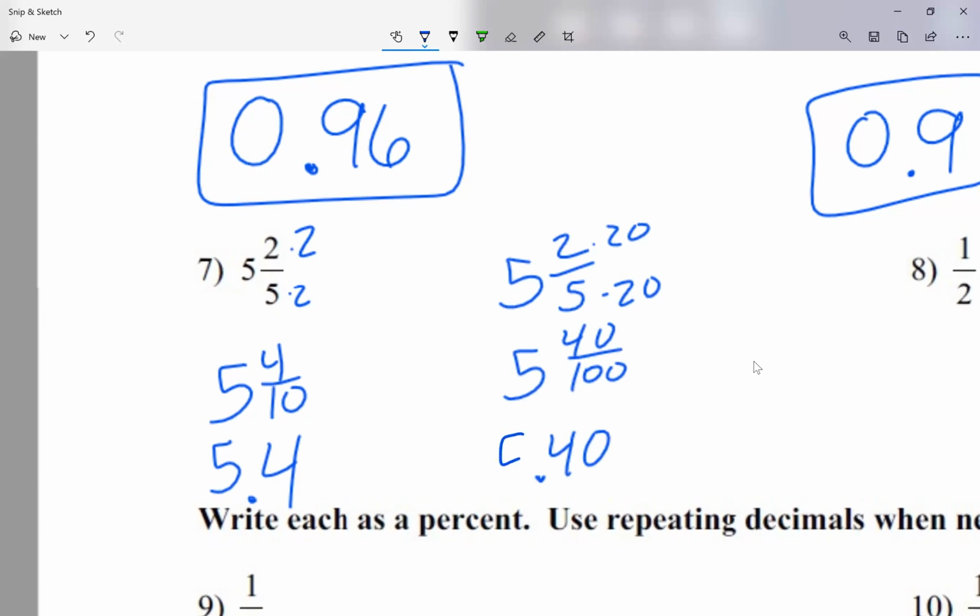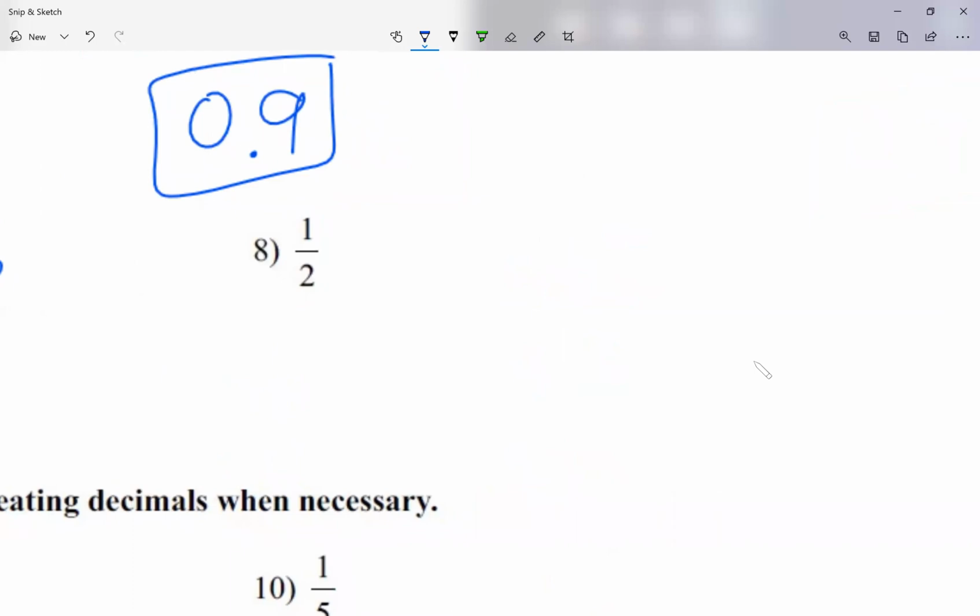So this is 5.40. Now, 5.4 and 5.40, isn't that the same thing? Because in decimals, if there are zeros at the very far right, we just ignore them. So 5.40, if I ignore that 0, is 5.4. It's the same thing.